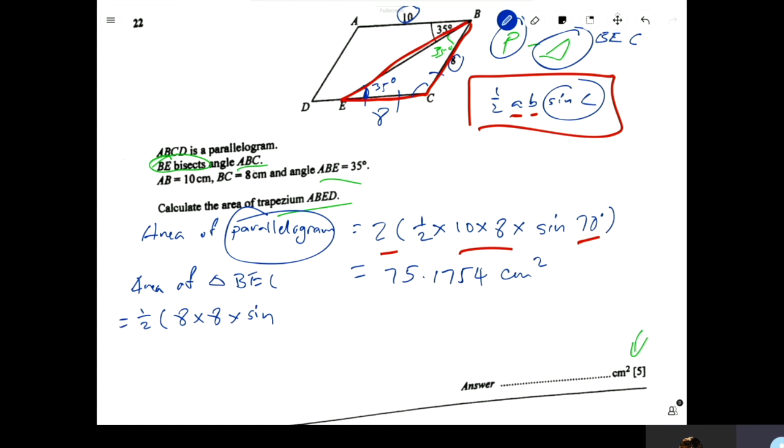Okay, so I need to find this angle. This is 110. Yeah, because the base angles are 35, right? So 180 minus 70 is 110. So the one at the bottom is 110. Calculator, half AB sine C.